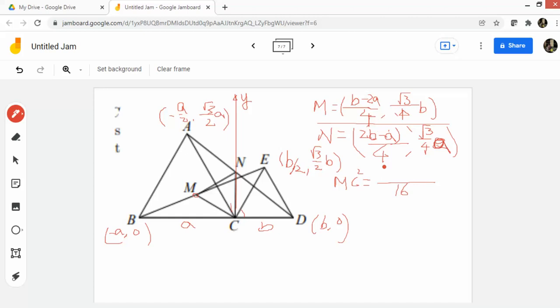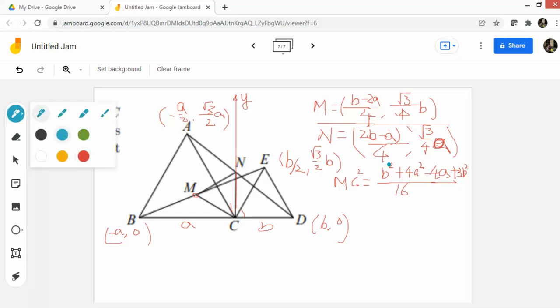Symmetry not working? Gotta be working, right? B square plus 4A square minus 4A, right? It's gotta be plus 3, 3 coming here. So plus 3B squared.